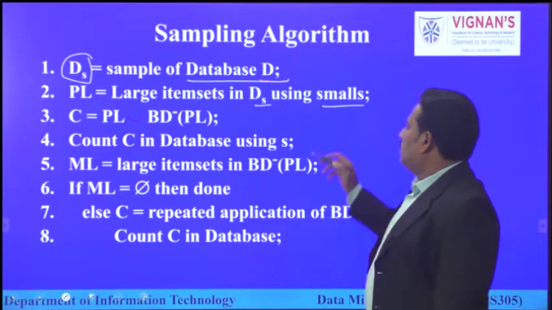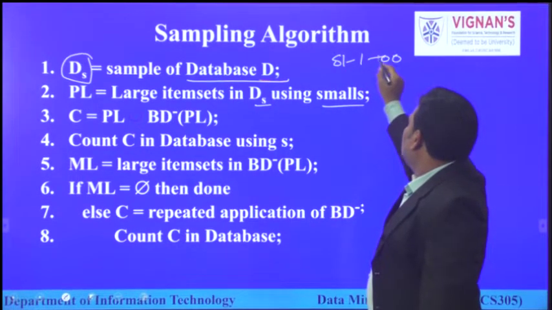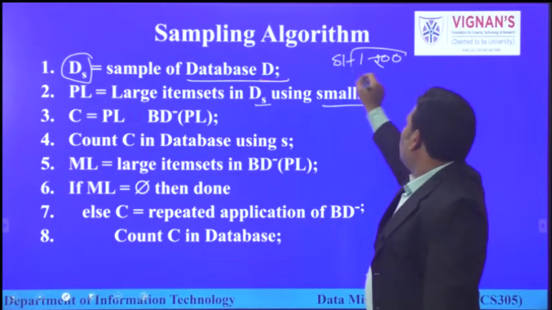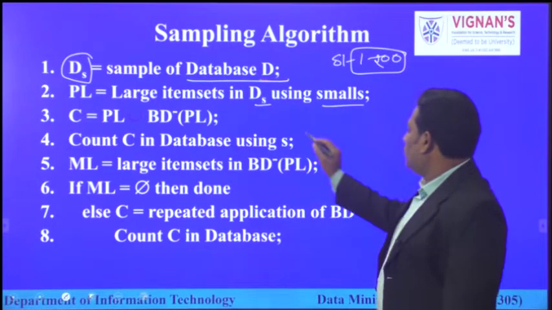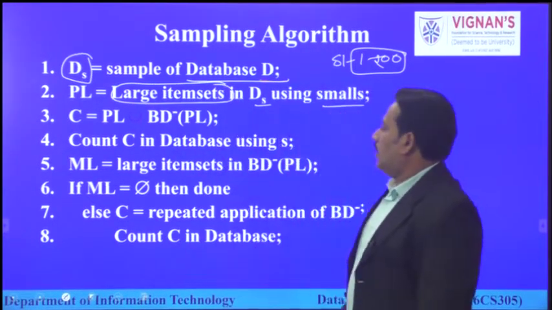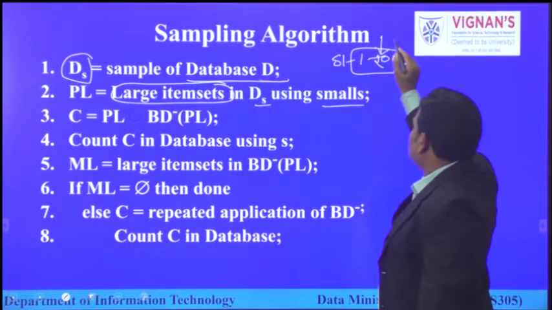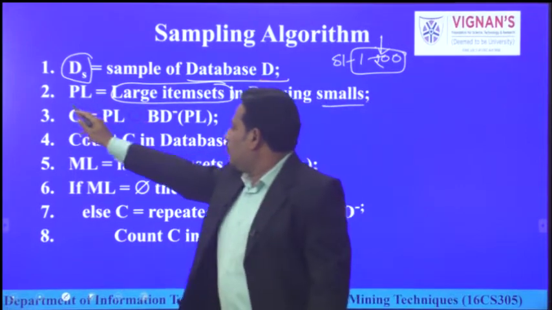That means in sample 1 we have transactions 1 to 200. Among these 200 transactions we want to create large item sets, and all large item sets created from these transactions are going to be kept in PL.